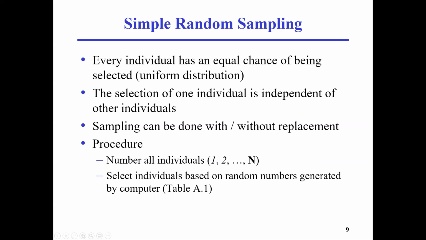Because when we're talking about the concept of randomness, how to make sure something is random? I can ask people, okay, please just give me a number between 1 and 10 randomly. That person would say 4.